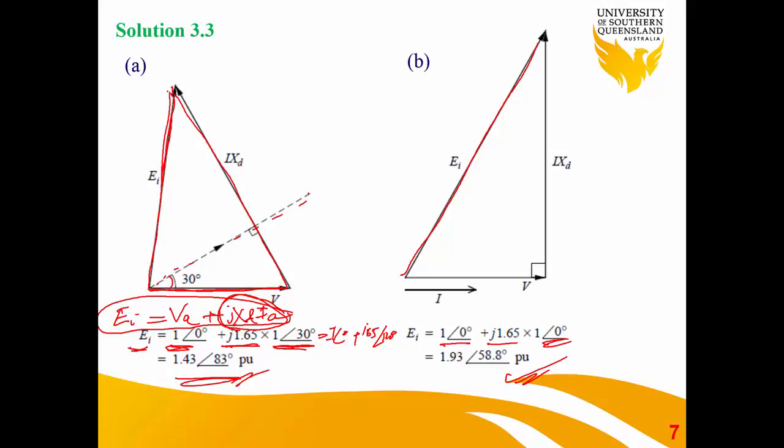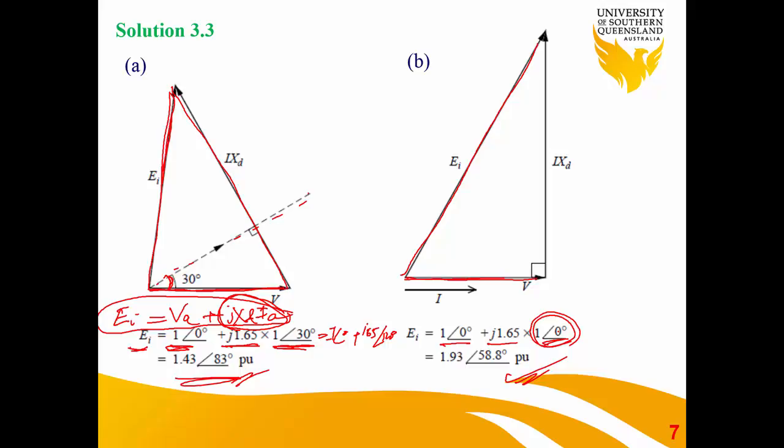And the C part you can understand easily. As I said, this 30 degrees, does it make sense now? And here, voltage and current are aligned, so there is no angle because this one is 0 degrees.